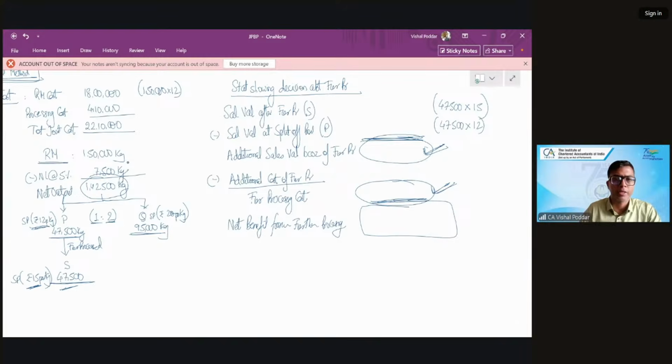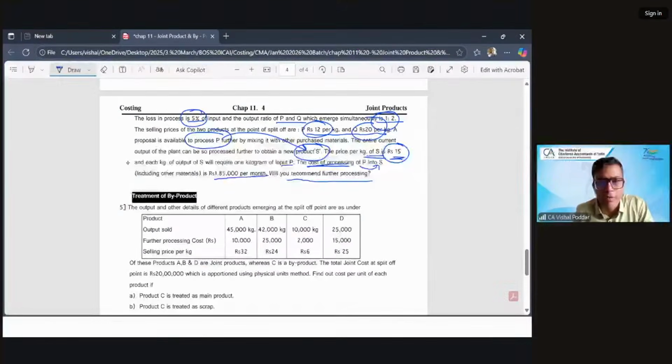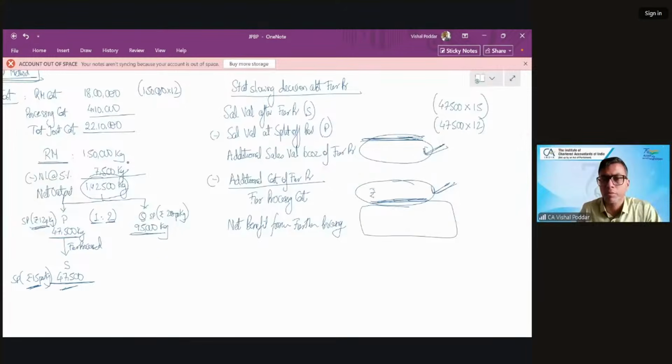I'll multiply them, I'll get the total sales value and the difference. That is the additional sales value. Then I have my further processing cost, which is 185. Ashlesha, this amount is the difference. Yes, I suppose so, because Medha is giving the same.